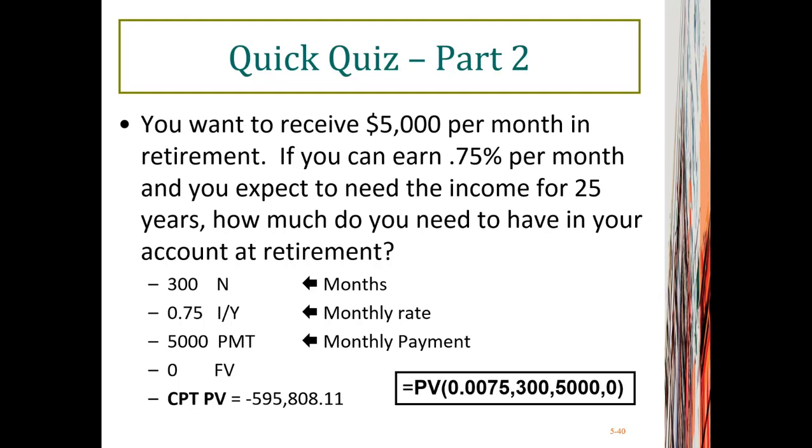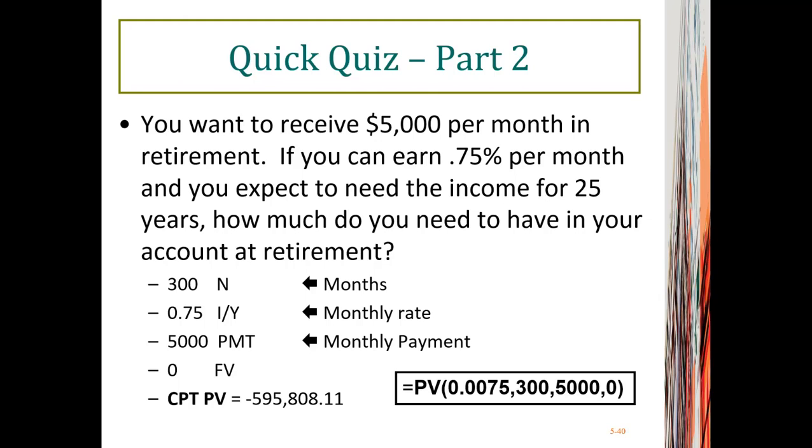And on your calculator, you set N, number of time periods, as 300. That means 300 months, and I/Y 0.75 monthly interest rate, and the PMT, periodic payment, 5,000, and FV is 0. Suppose that you're going to spend all your money after 25 years.